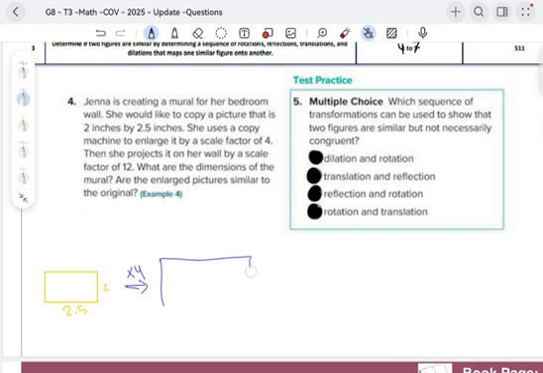The new dimensions will be 2.5 times 4 gives us 10. 2 times 4 is 8. After that, it says then she projects it on her wall by a scale factor of 12. So again, she made it bigger by a scale factor of 12.